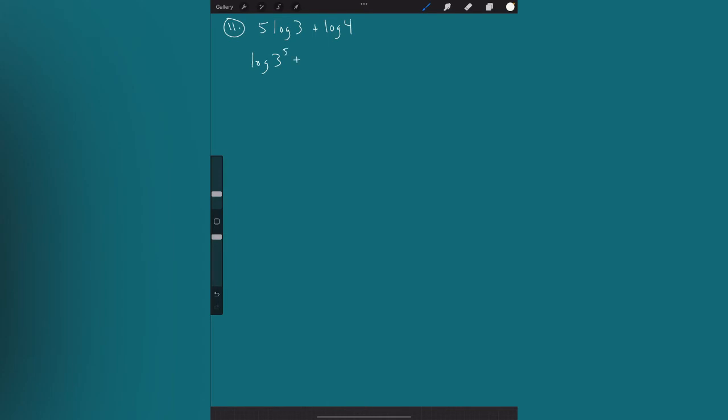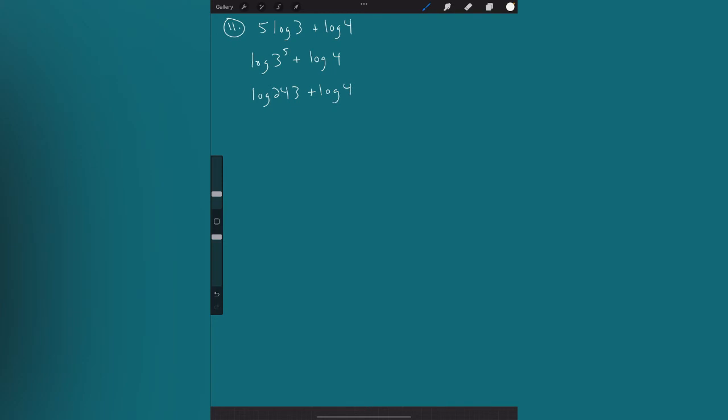Plus log 4. So if I move through here, log 3 to the 5th power, if I take 3 to the 5th power, I get 243. So log 243 plus log 4.